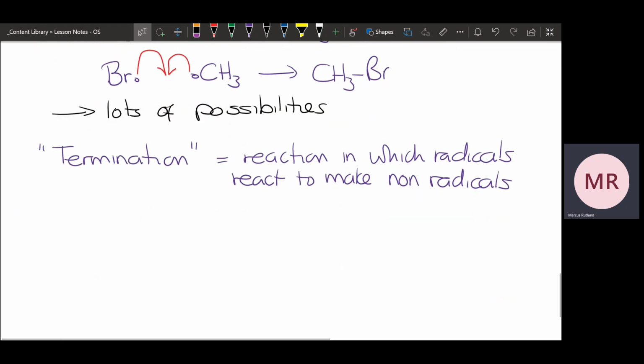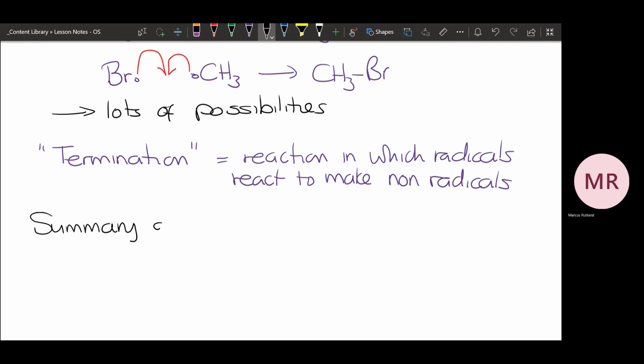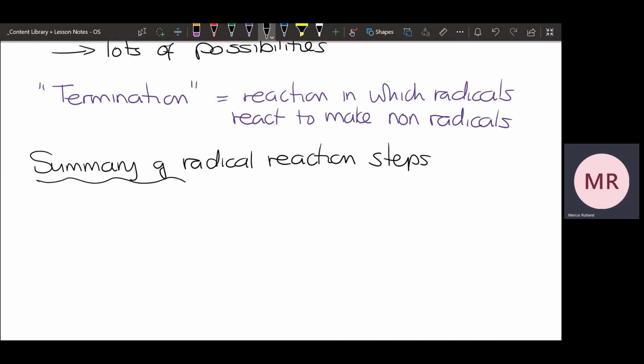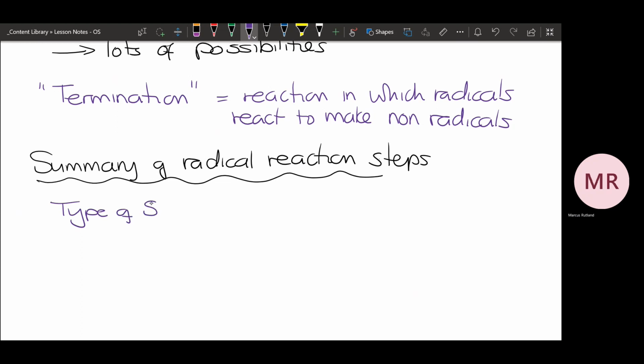Right, just a quick summary of radical reactions. The steps involved. We can do a sort of little table here. So if you say what's the type of step, and then in the reactants and in the products, what's present.